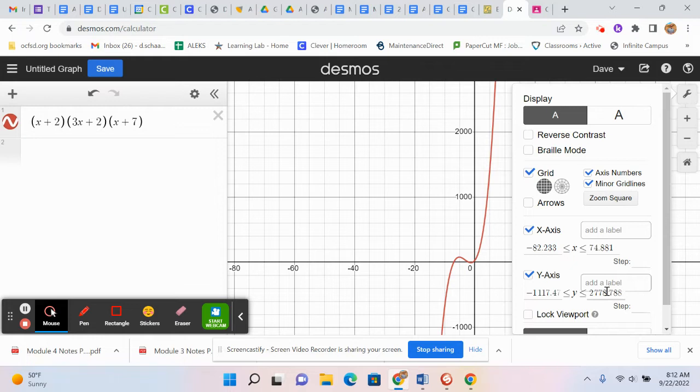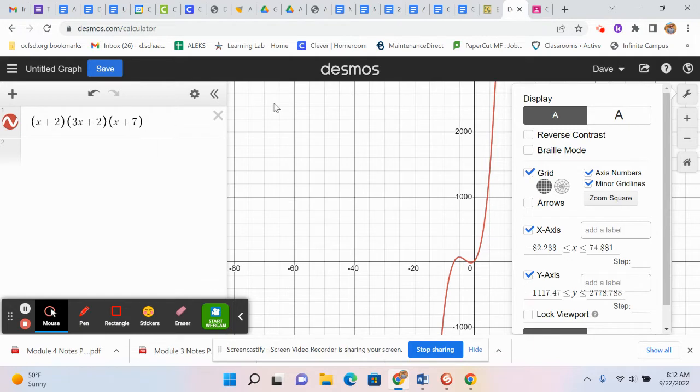Or maybe even negative 2,000 to positive 2,000. You're going to have to mess around with these, changing them around to make sure you can see all the turning points. And then like here on this graph that I have up, this right here is a turning point, and this right here is a turning point. So a turning point is just any time it changes direction.